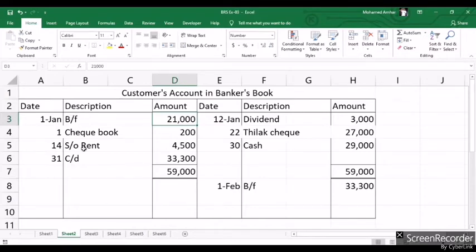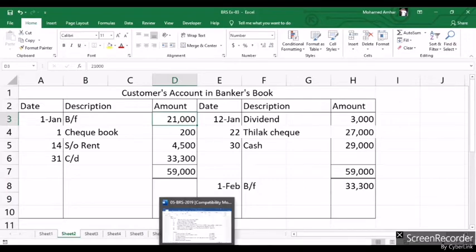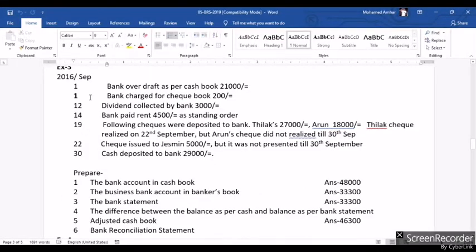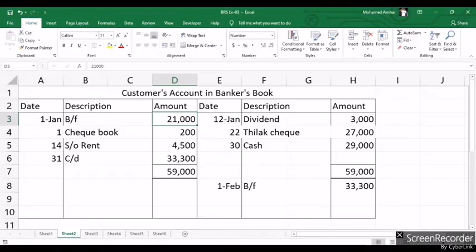Then again date 1, bank charged for checkbook 200. The amount 200 charged by the bank for the checkbook would have been recorded only in the banker's account.